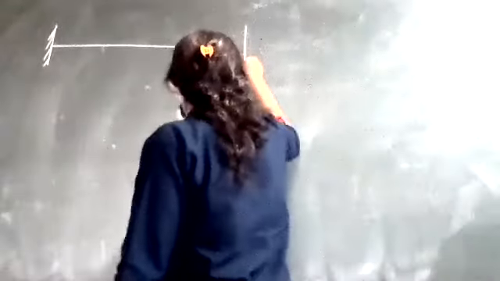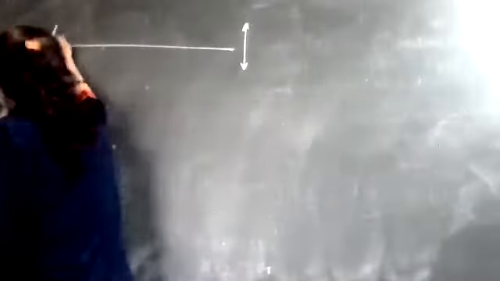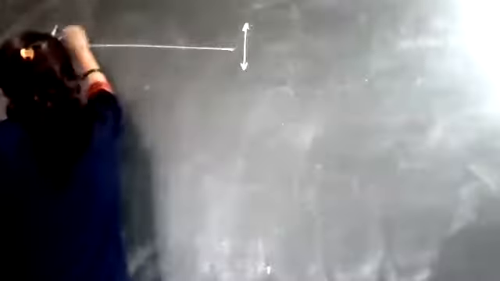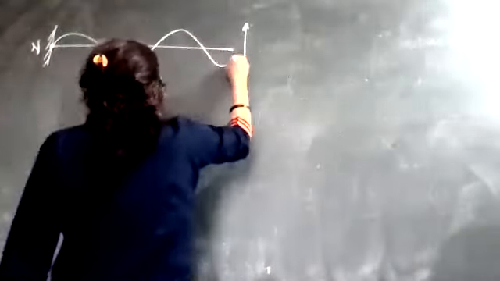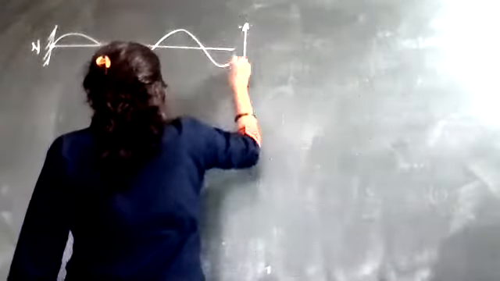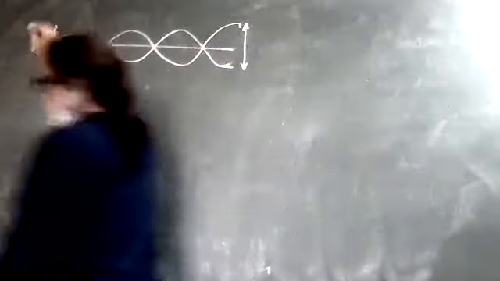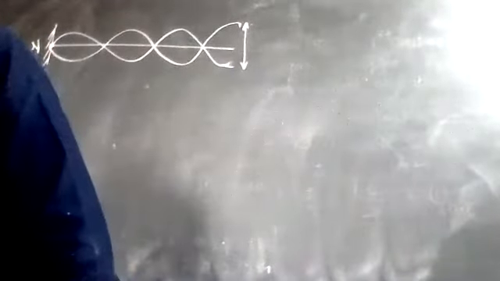This string is vibrating up and down. So definitely a node will be formed at the closed end and an antinode will be formed at the open end. So I am getting such types of loops here, right?